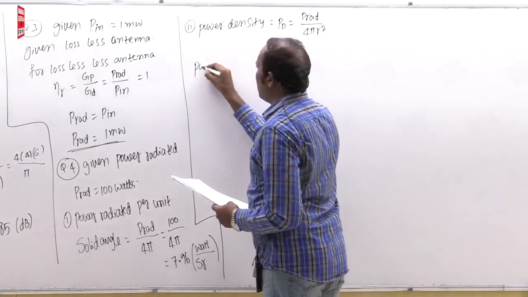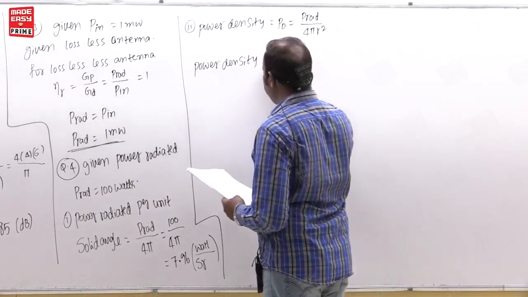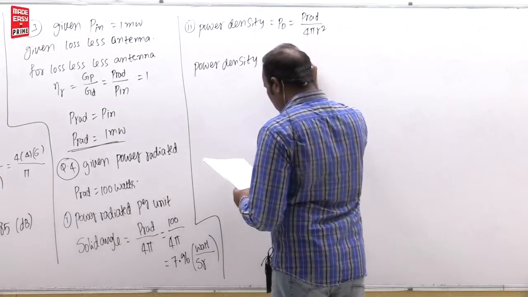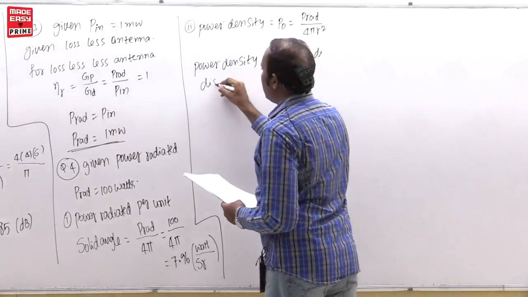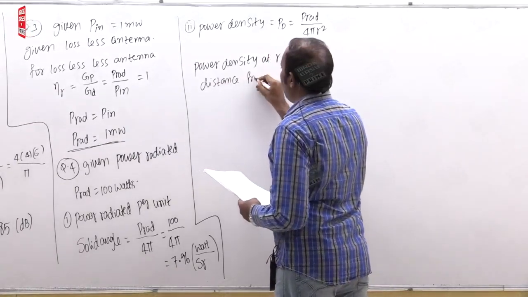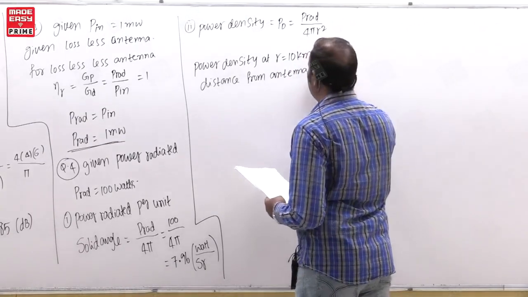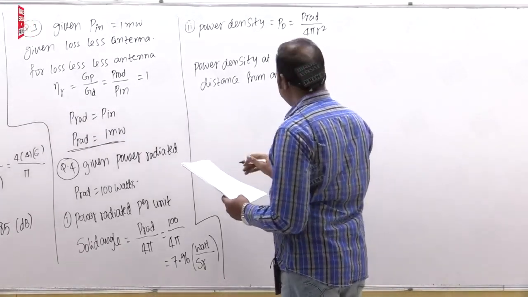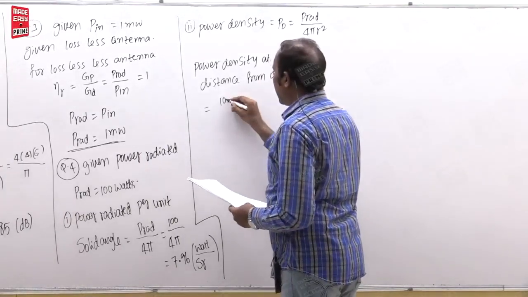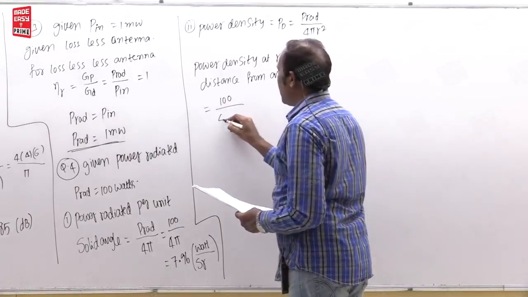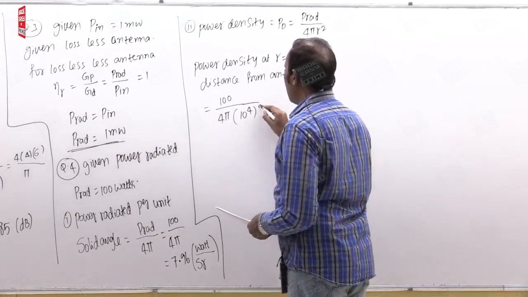So power density at r equal to 10 kilometer distance from the antenna he is asking is equal to 100, this is power radiated, divided by 4 pi, where r is 10 to the power 4 whole square.